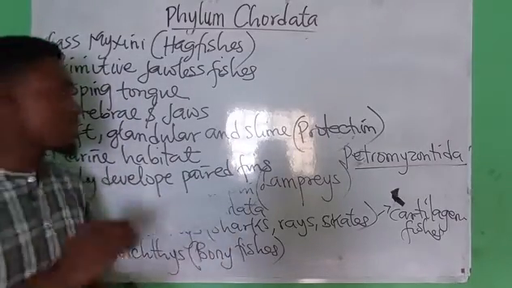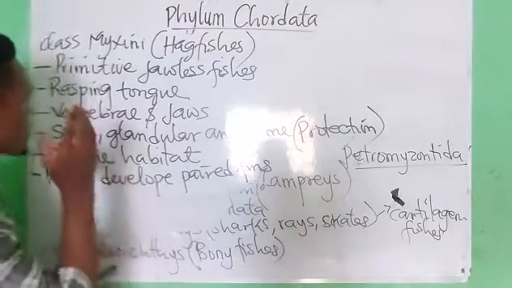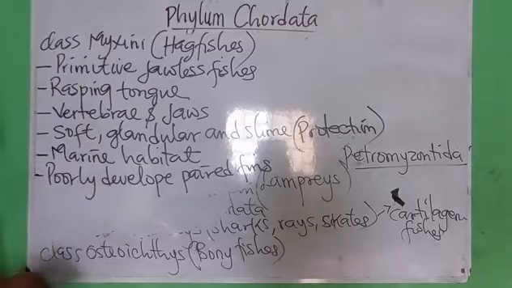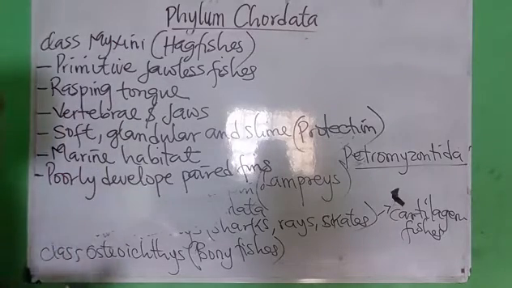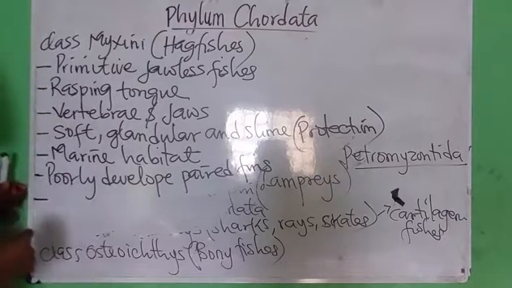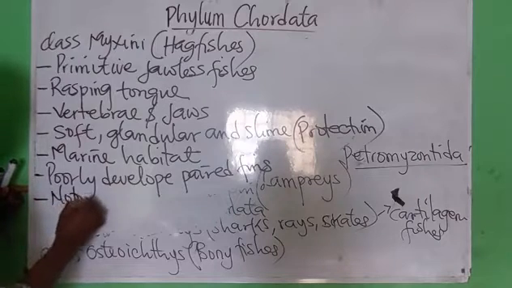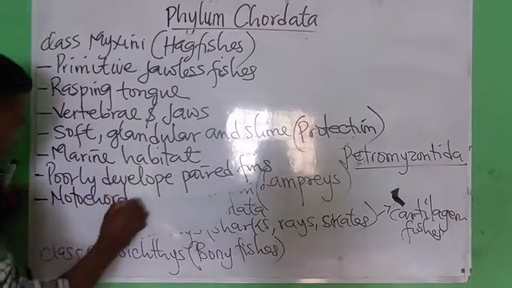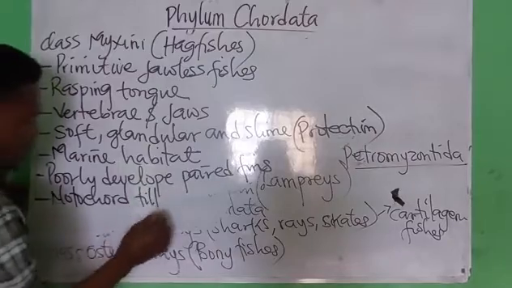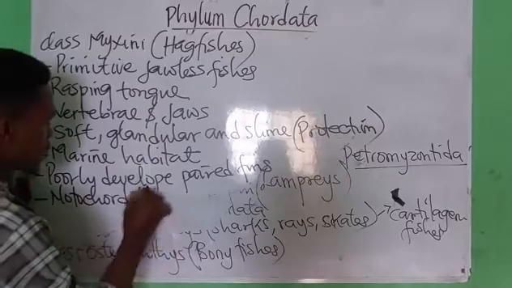In some cases, paired fins are absent completely. These are the characteristics of the hagfishes, which are the jawless fishes. Now, please take note that hagfishes possess notochord into adulthood.